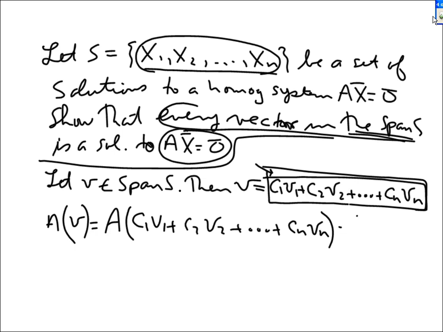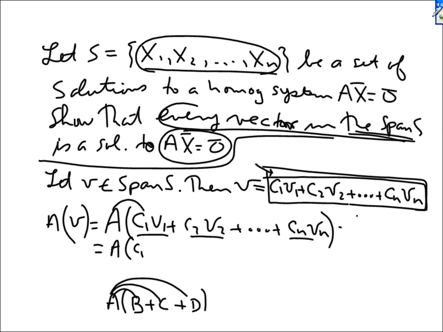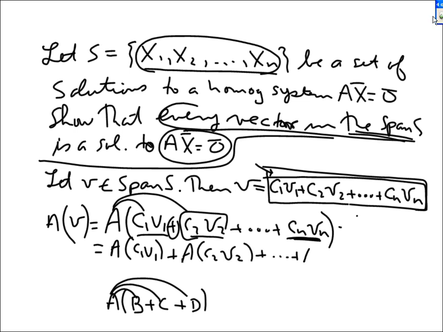But we know that, remember, when you have A times matrix B plus C plus B, even minus, you get AB plus AC plus AB. This is nothing more than A times C1 V1 plus A times C2 V2, all the way down to A times Cn Vn. Vn is a column vector, it's a matrix, and Cn is a scalar.